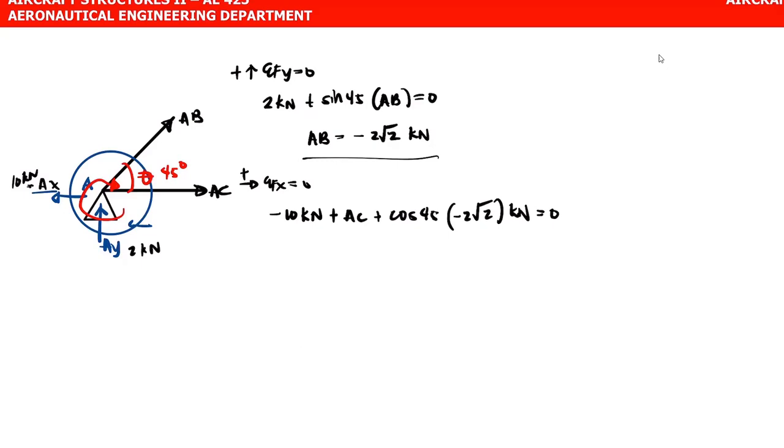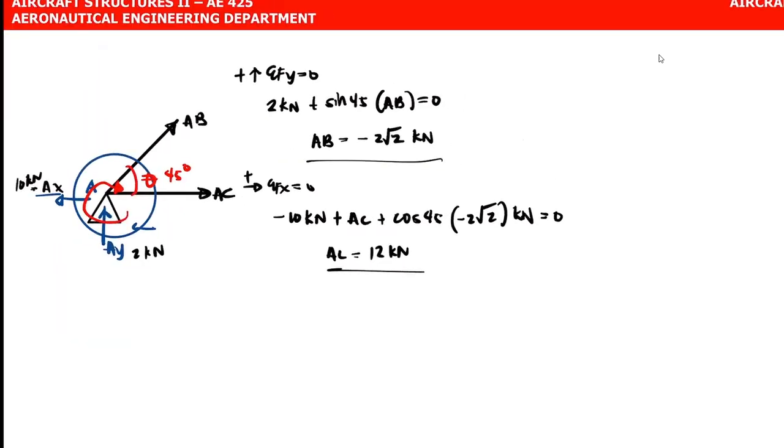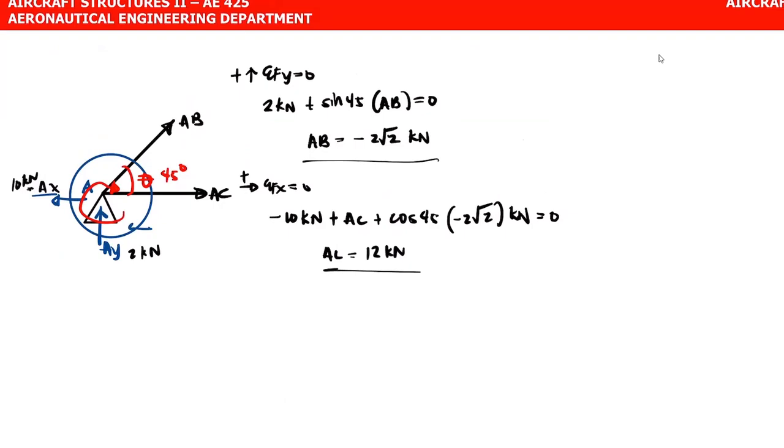Okay, so cosine 45 times negative 2 square root of 2 kilonewton will result to negative 2. And then minus 10 kilonewton. So therefore AC is equal to 12 kilonewton positive. Okay, so that is our joint A.